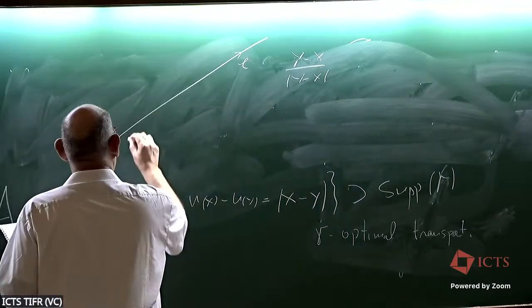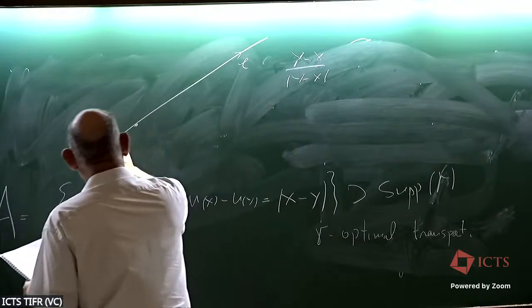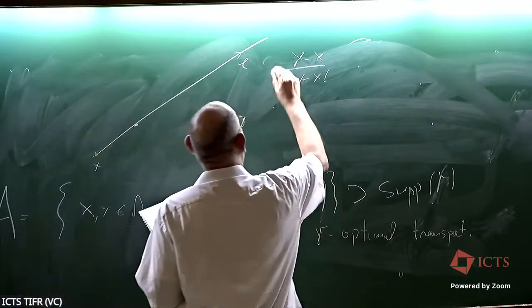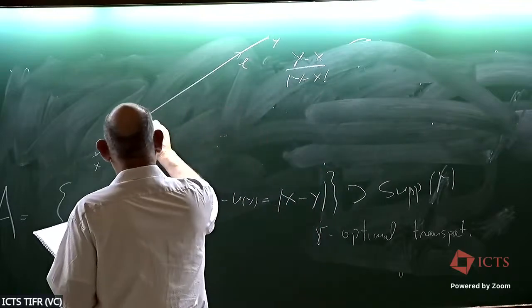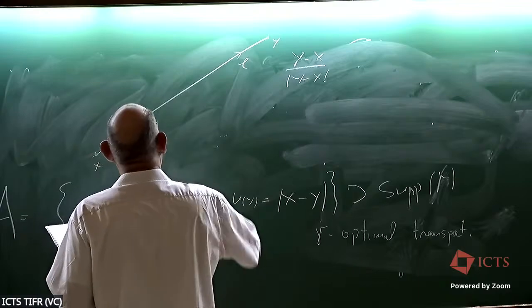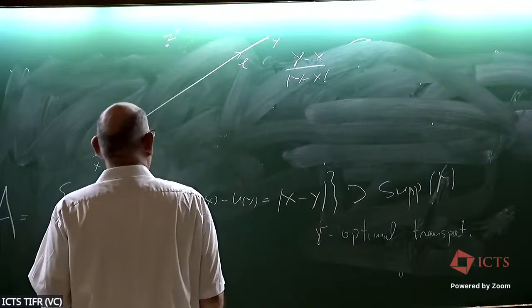So let's take a point Z. So this is x and this is y. So let's take a point Z on this interval. And let's take a point Z double prime somewhere in the plane.